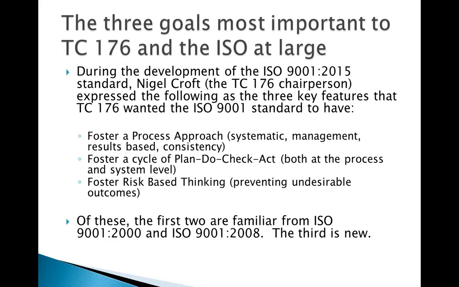And those are process approach, understanding that systems are made up of processes. Processes are how we understand our organizations and should help us strive for consistency and so forth. The cycle of Plan, Do, Check, Act is the second attribute.